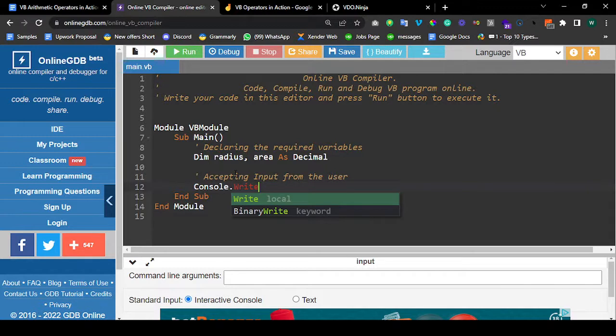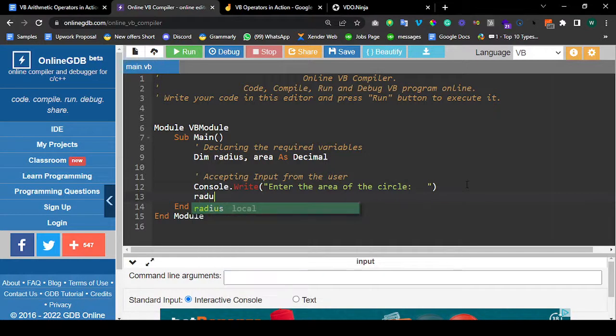No, console dot write. So, enter the radius of the circle. Okay, so radius equals Console dot read line.